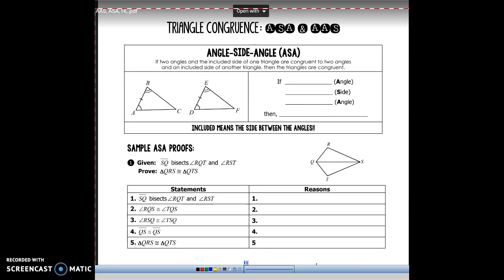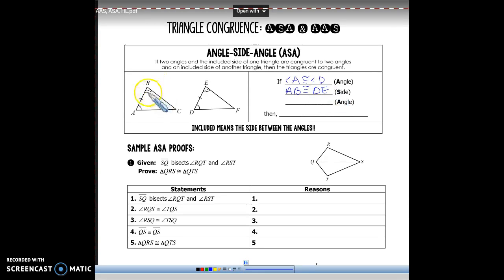So if you look at this picture, if angle A is congruent to angle D, and then we know that side AB is congruent here to side DE.